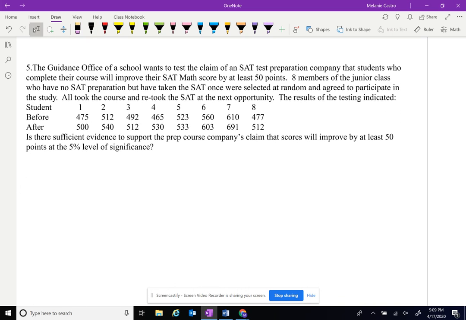Number 5. This before and after should be a huge clue. So if we have before and after, and they're talking about an average or a mean, then we want to go through and say, what is the difference?